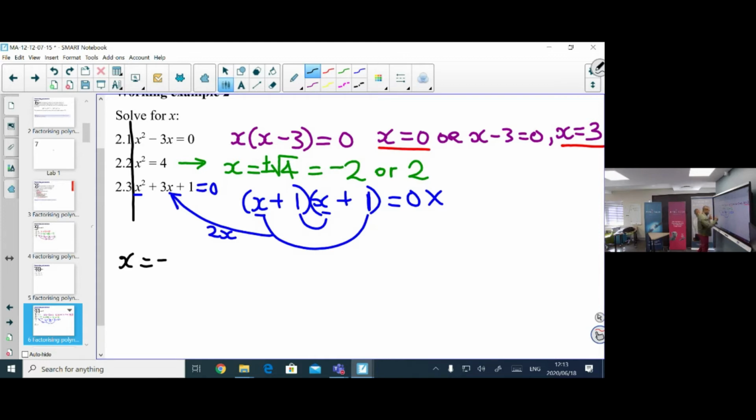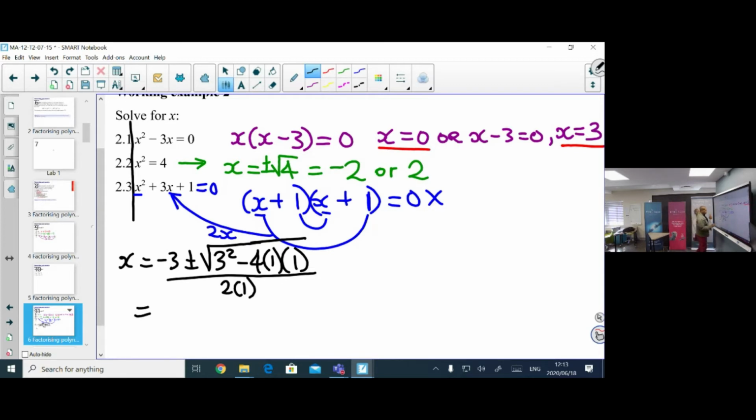You put your b there, which is 3, plus or minus b squared, which is 3 squared, minus 4, a, which is 1, c, which is 1, all over 2a, which is that. So you could just simplify this, but this is your solution.